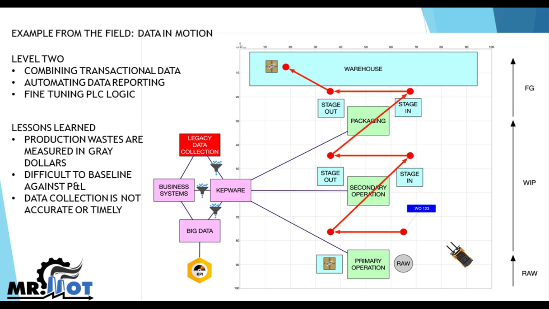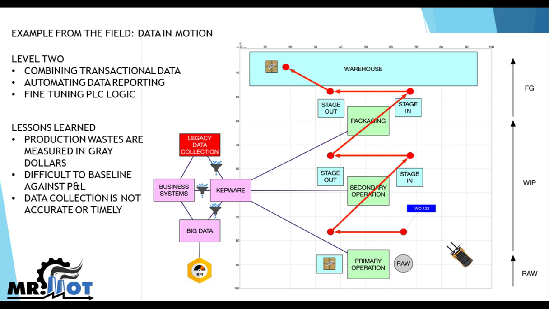And for example, there the blue says work order 1, 2, 3. So the data, if you're lucky, you're also collecting data before the process starts and after the process starts. That gives you certain timed events and durations that you can take a look at.